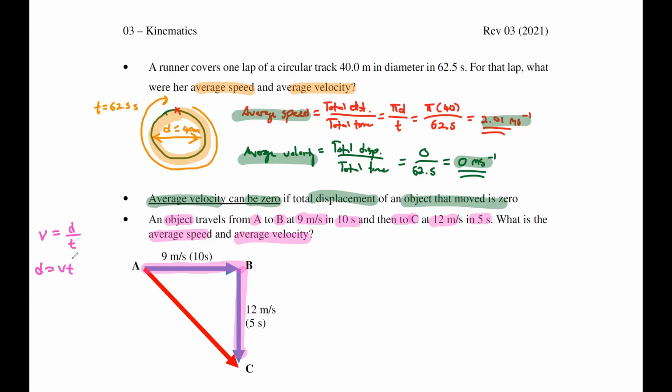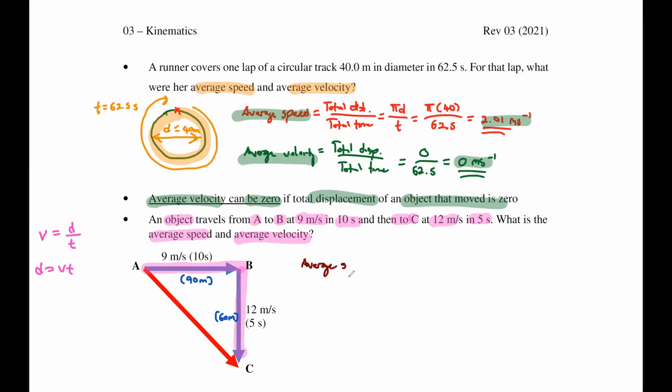Distance is vt. So right now, I'm more interested in finding out what is the total distance traveled. This one will be 9 times 10, giving me 90 meters. 12 times 5 will give me 60 meters. I need this in order to calculate out my average speed.